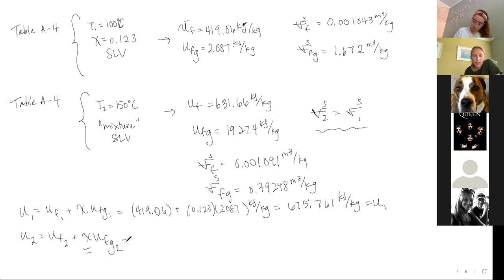So I would have my internal energy of my saturated liquid at 0.2, which is 631.66 kilojoules per kilogram, plus for my quality equation, my quality is equal to my specific volume at 0.2 minus my specific volume of my saturated liquid over my specific volume of my liquid vapor. And this would be times 0.39248 cubic meters per kilogram.